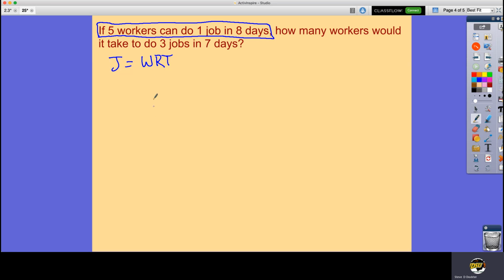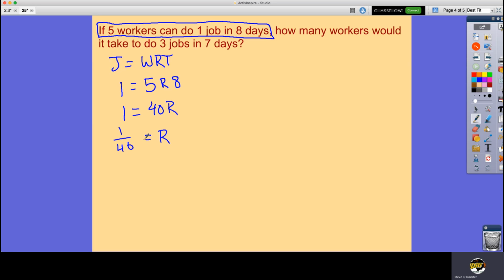All right, we've got 5 workers, so that's going in for W. Can do 1 job, that's going in for J. And in 8 days, so that's going to go in for time. We don't know what their rate is. Okay, so we just have to solve for R here. So 1 would equal 40R. And we just have to divide the 40 over. So R equals 1 over 40.